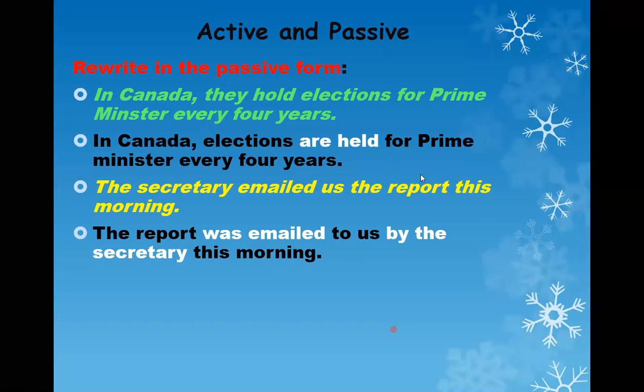And the last. Okay, here: the secretary emailed us the report this morning. This is an active sentence. In this sentence, you have two objects, us and the report. In this answer, he started with the report. The report will take "was" because we are in the past. So the report was emailed to us by the secretary this morning.